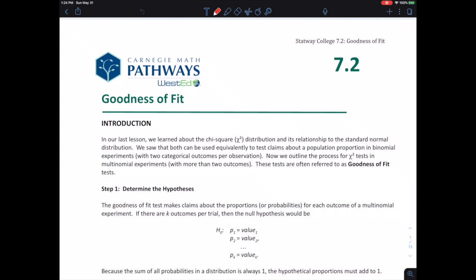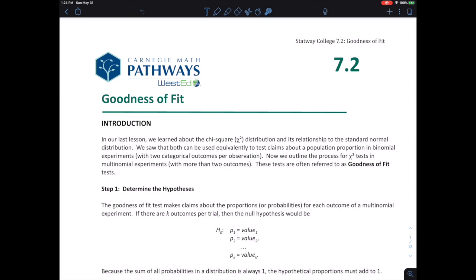Hey everybody, we're going to cover lesson 7.2 now. This is an extension of the discussion that was begun in 7.1 for the chi-square distribution on tests that we now call goodness of fit tests.